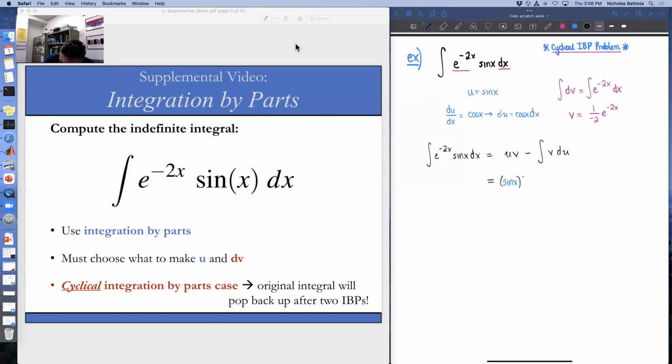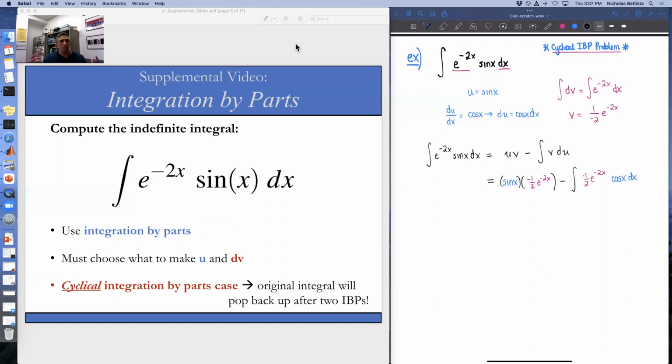Plugging in v, we have the minus 1/2 e to the minus 2x. And now plugging in v again into that integral, we have minus 1/2 e to the minus 2x. And then plugging in what we have for du, which is our cosine of x times dx. And that's still equal to the original integral on that left-hand side.